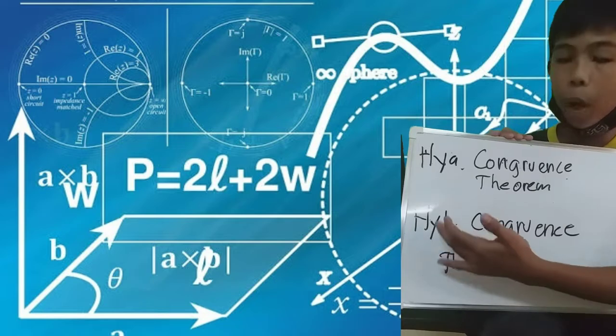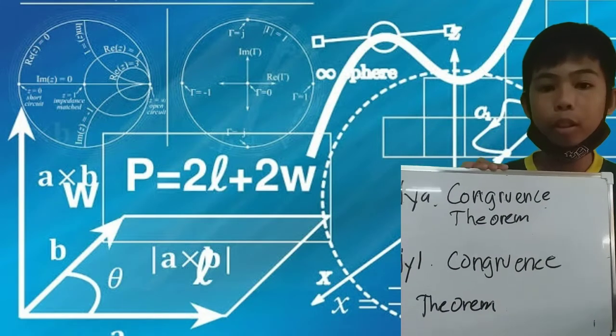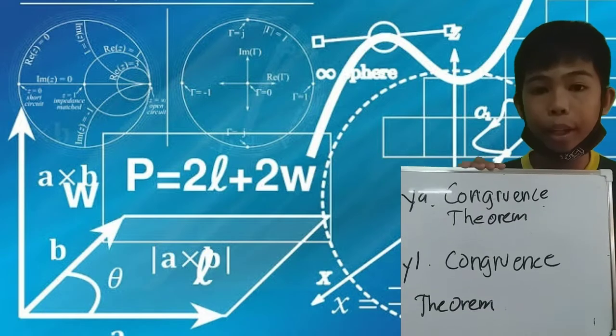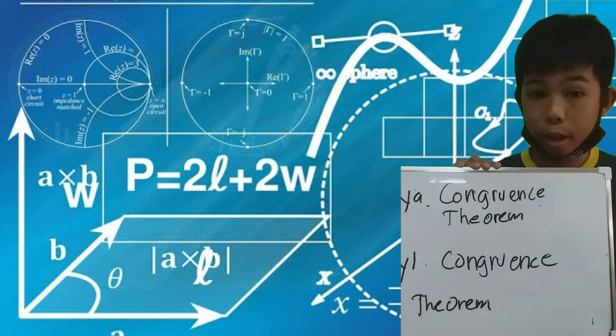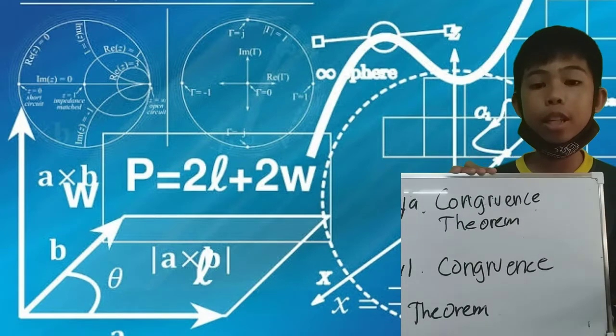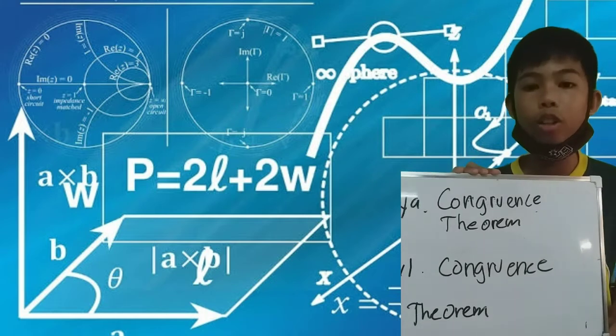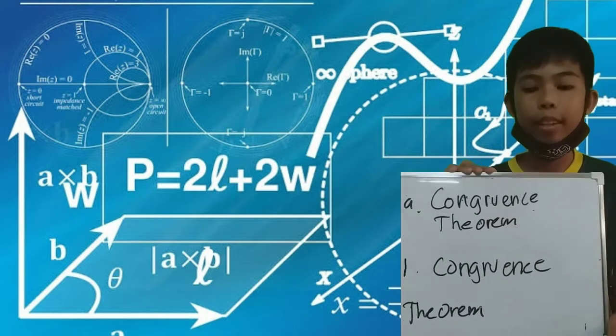And the HL, or hypotenuse leg, is if the hypotenuse and a leg of one right triangle are congruent to the corresponding hypotenuse and leg of another right triangle, then the triangles are congruent. That's it.